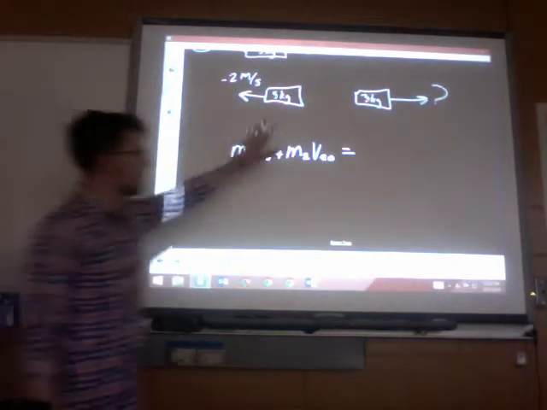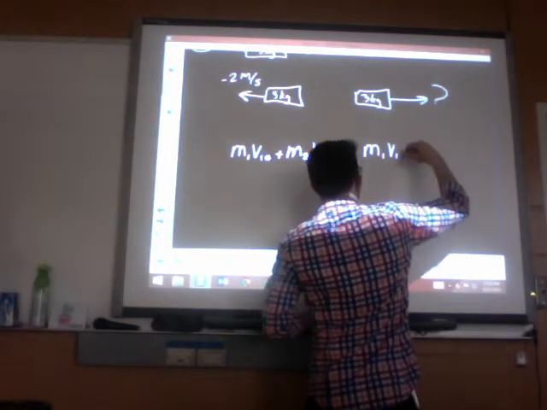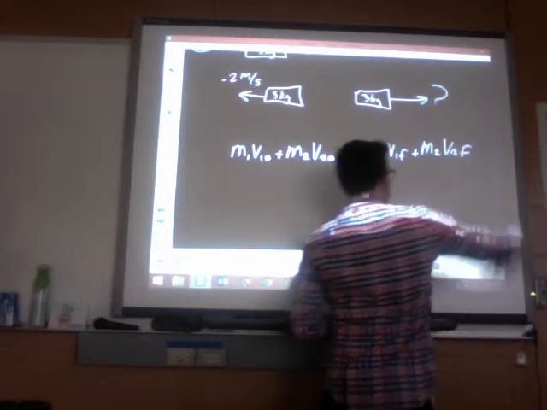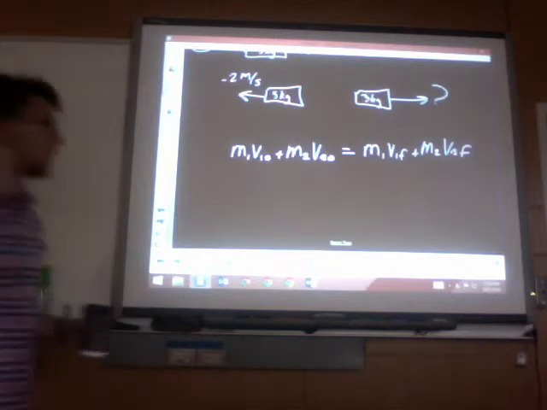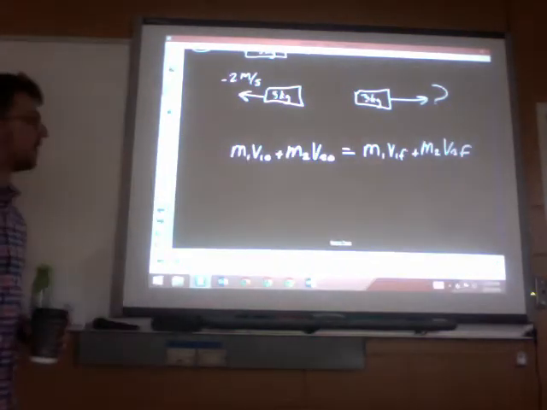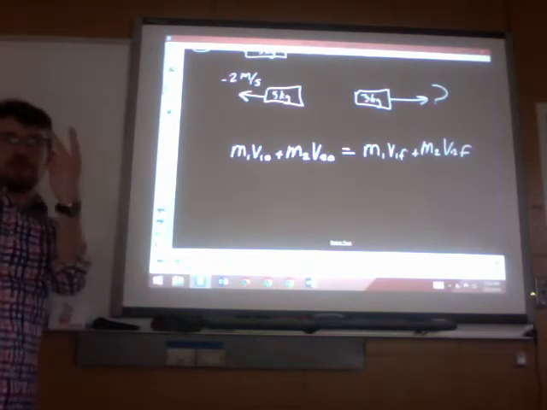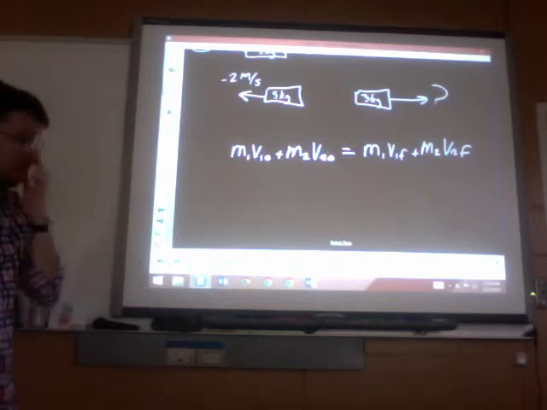The momentum of both carts before the collision. That's going to be equal to M1 V1 final plus M2 V2 final. This right-hand side is the total momentum after the collision. It's a scary equation, but it really is only 2 variables. It's mass and velocity at different points in time.